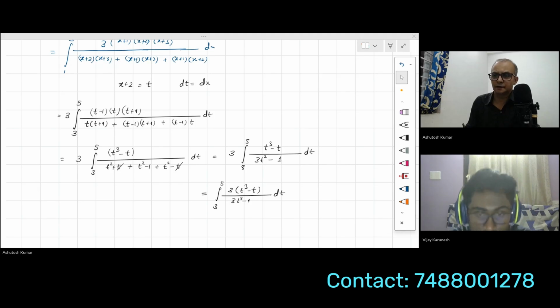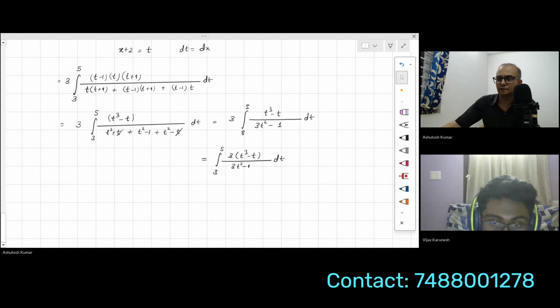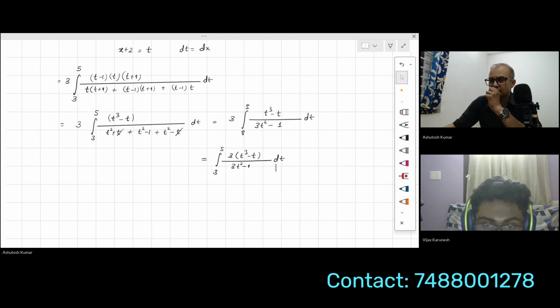Let me just give the idea. See, already we know that this is t times t cube minus t, correct? So can you think what we can do better from here? Because I have to show the numerator in terms of the denominator so that we can make it as one factor.